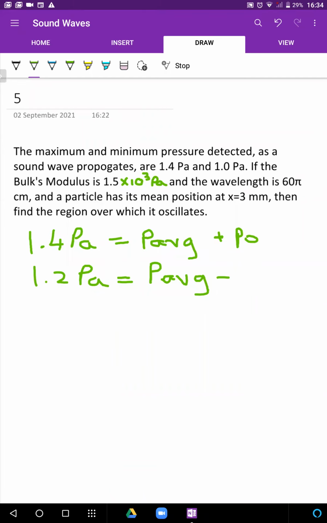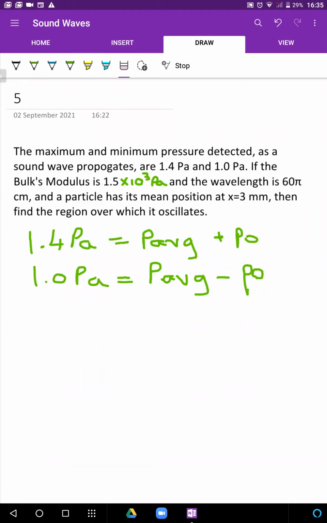Okay, so first we'll find the pressure amplitude. We know that 1.4 pascals is the max pressure. We also know 1.0 pascals is the minimum pressure. That makes the amplitude, see, the distance between the two extremes is always twice the amplitude. So 0.4 is 2 P naught.